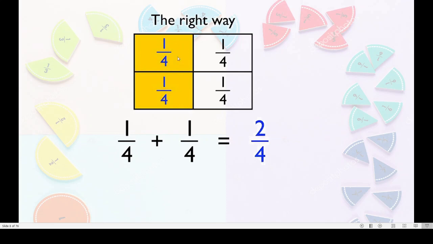Each is a quarter, correct? This is 1 quarter, second quarter, this is third quarter and this is fourth quarter. 2 are shaded with yellow color. Okay, you know that shaded portion is 1 upon 4 plus 1 upon 4 is equal to 2 upon 4, isn't it?